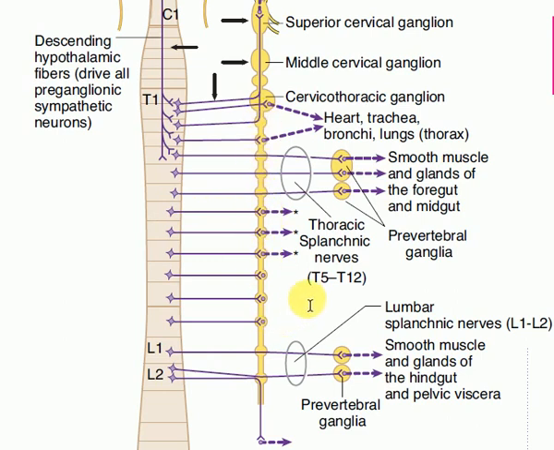And remember that the sympathetic chain is close to the CNS, so it's just around the vertebral body. This preganglionic neuron will send out its axon, it will exit the spinal cord, enter the sympathetic chain, and synapse with the postganglionic neuron present over here, the second neuron.